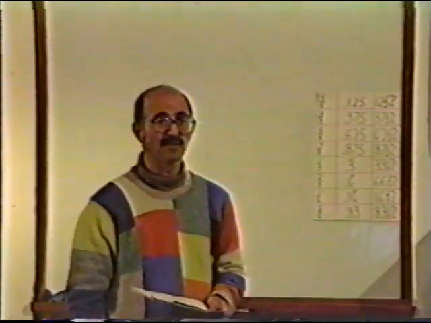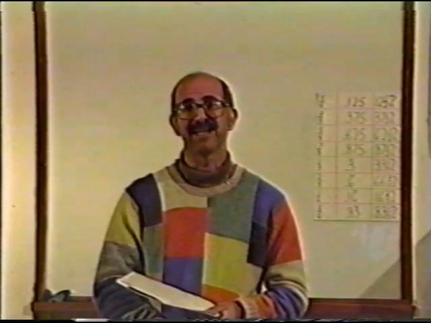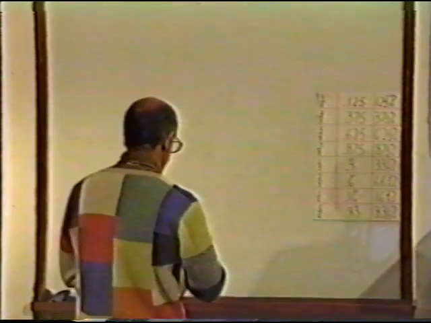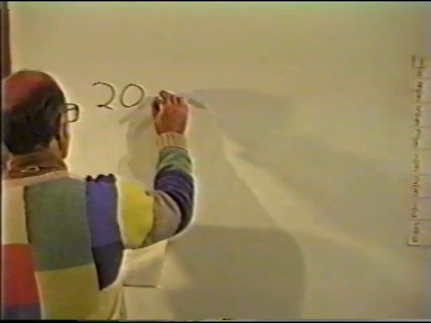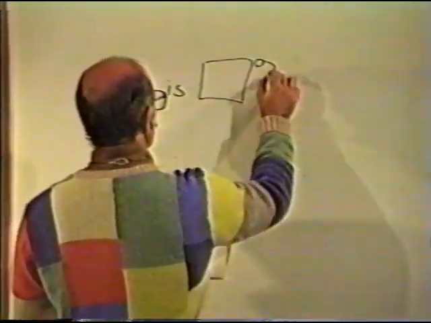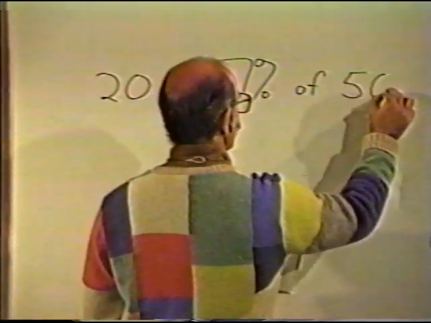Now we're going to do the type 2 problems, where the thing you don't know is the percent. We call these the what percent problems. Here's the first one. 20 is what percent of 50?